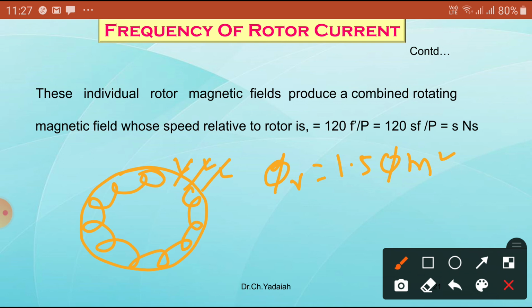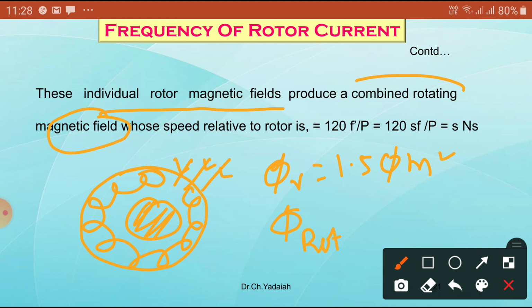Similarly, the R, Y, B phases of the rotor produce a combined rotating magnetic field. So it is also a rotor magnetic field, whose speed is related to the rotor.